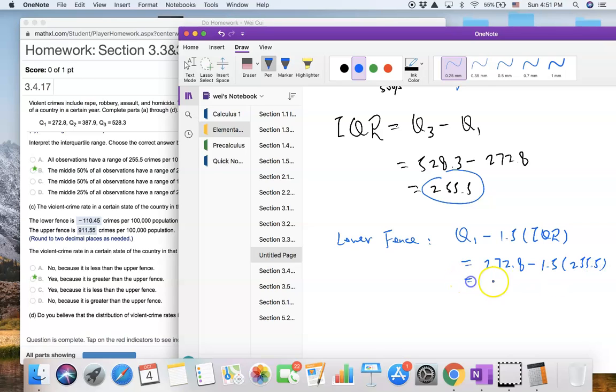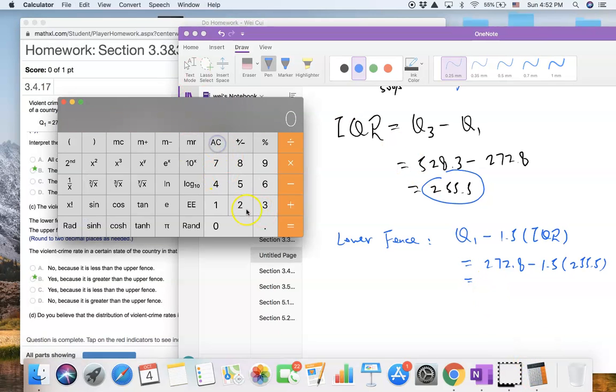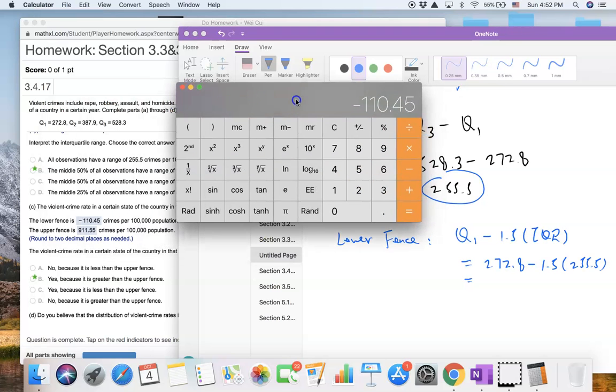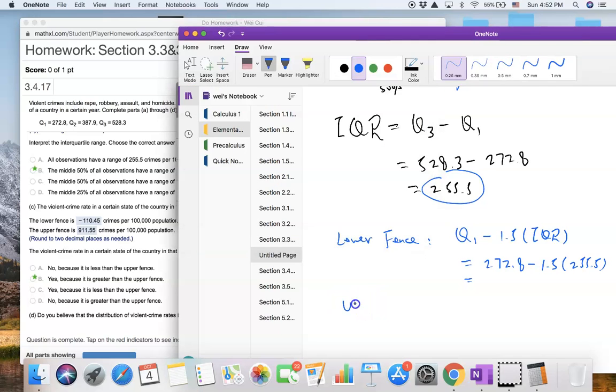Okay. Yeah, so it's a negative 110.45. And for the upper fence, it's the third quartile plus 1.5 times the interquartile range.